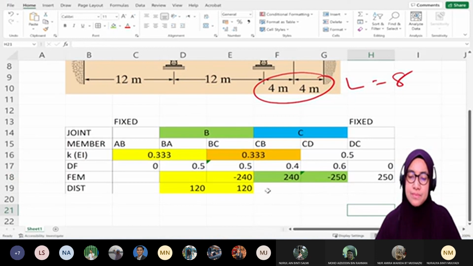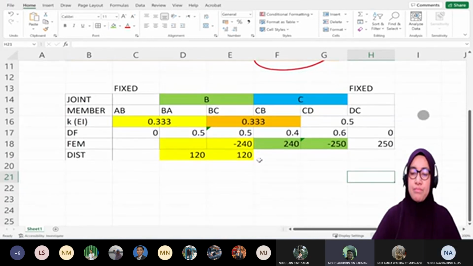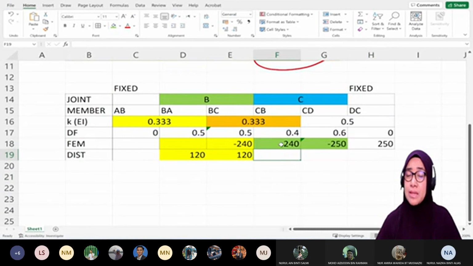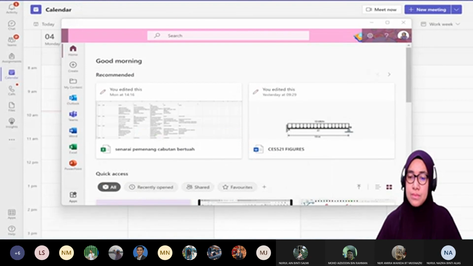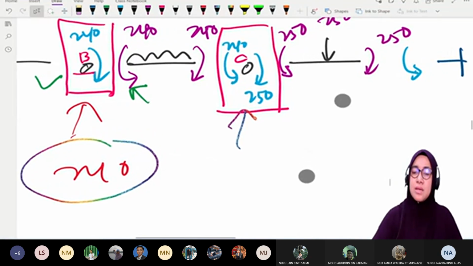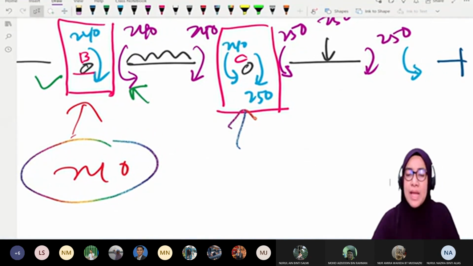Dapat apa? Negative 10. Negative 10 is it join moment? Cuba tengok yang ni. Join dia 10 or negative 10.